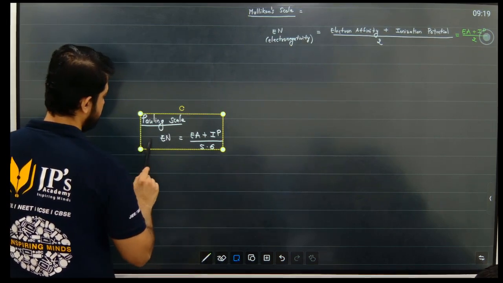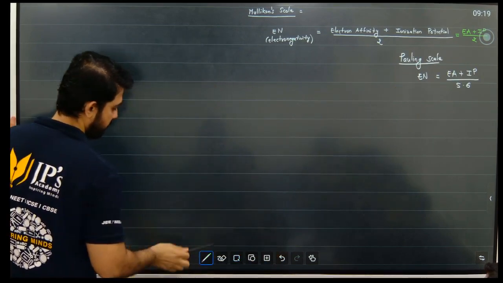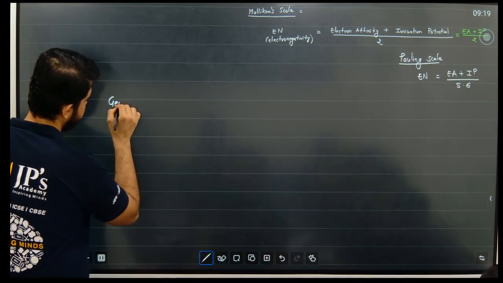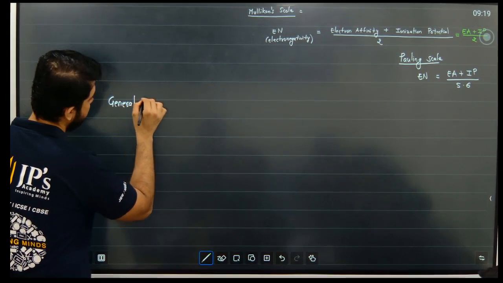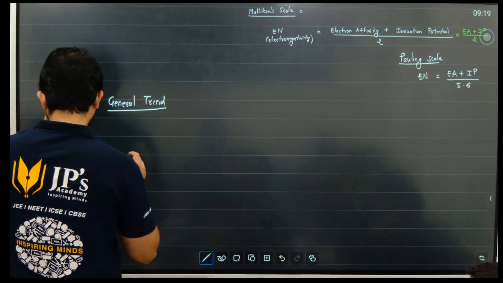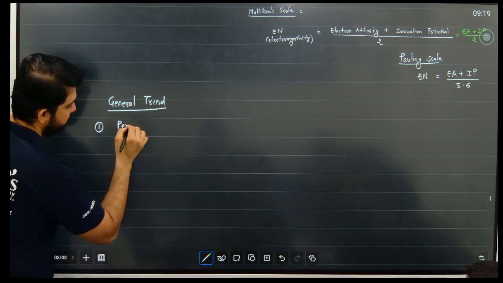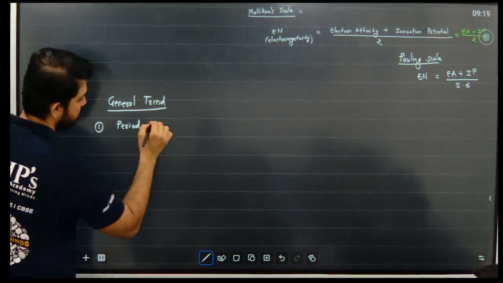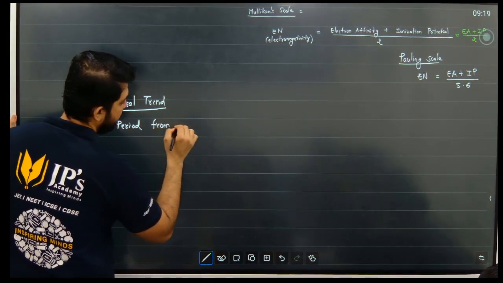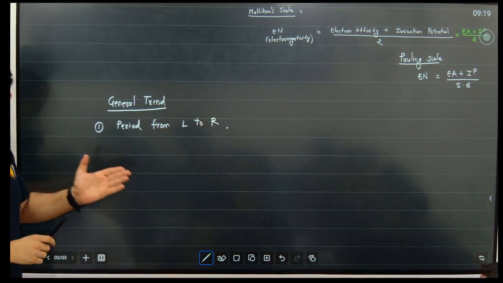Chalo. Now if I want to write the general trend for electronegativity, can someone tell me what do you think is the general trend for electronegativity? Period from left to right in a period. What do you think people happens to electronegativity?